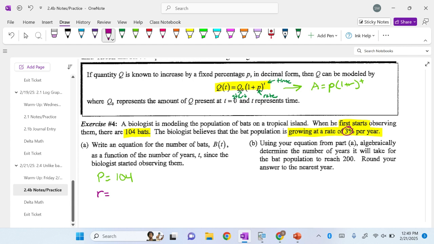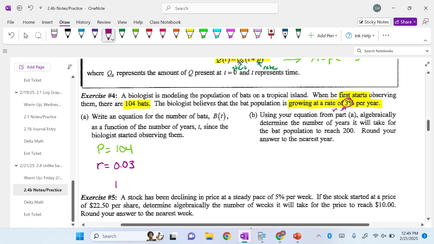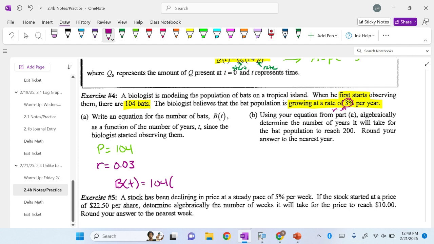So 3% is our rate. So that'll be our r value, but we need to convert it to a decimal. So it'd be 0.03. And we pretty much got everything we're going to fill out because t is still our time, but we don't know what that is. And we don't know what B of t is either. So we get B of t is equal to 104 times 1 plus 0.03 all raised to the t power.